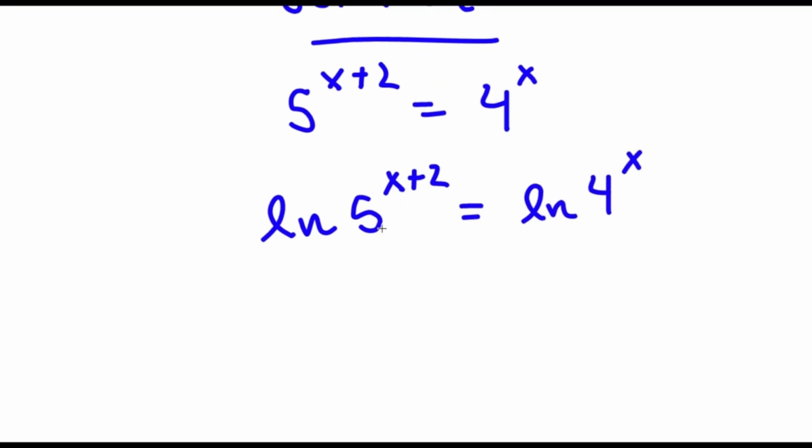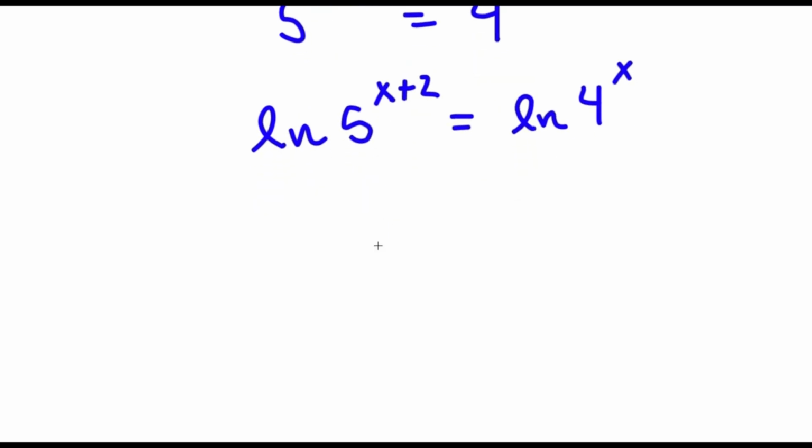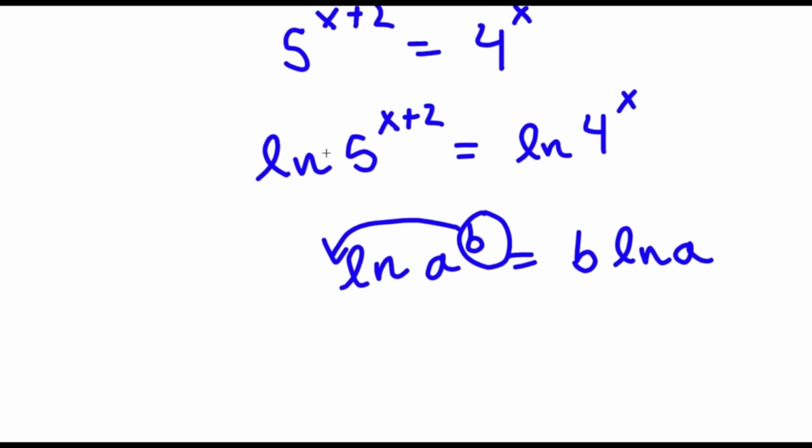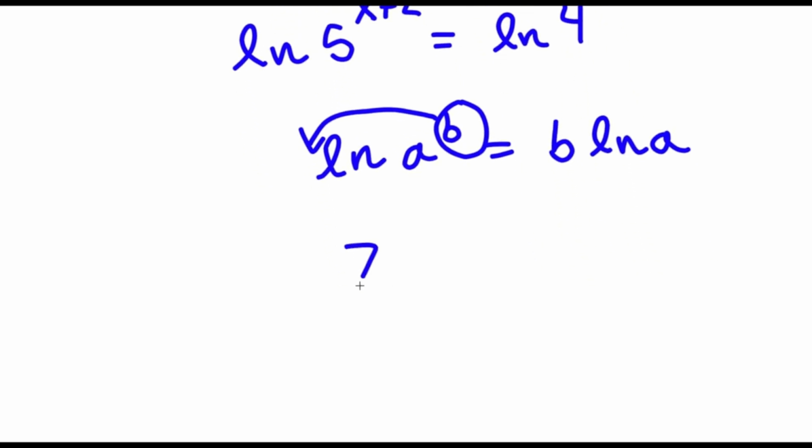Now, an important property of logarithms is that if I have something in the form ln a to the power of b, I can actually move this exponent b to the front of the logarithm. So this is going to equal b times ln a. And what makes this property so important is that, let's say we had 7 to the power of x is equal to 9.